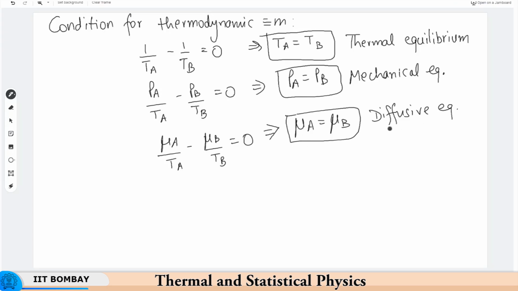I am already giving you a hint, I called it diffusive equilibrium, but let us see what it means, all right.